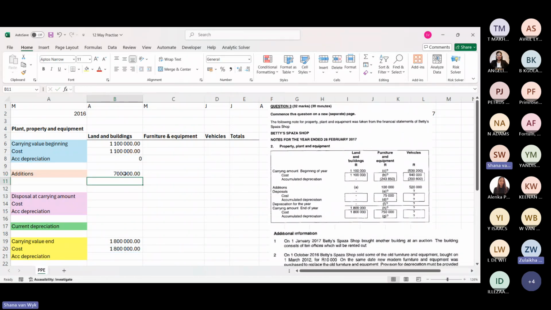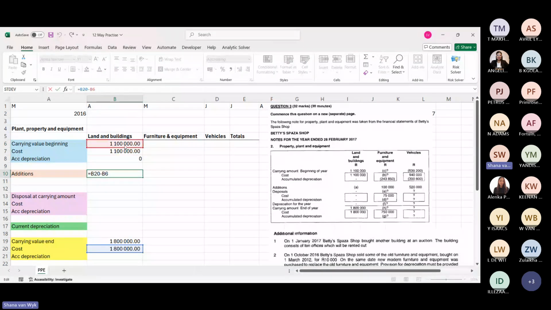Let's say 700,000, for instance, that we did have depreciation on land and buildings. So then I would use the carrying value for additions. I used cost now, but I think it should be carrying value.